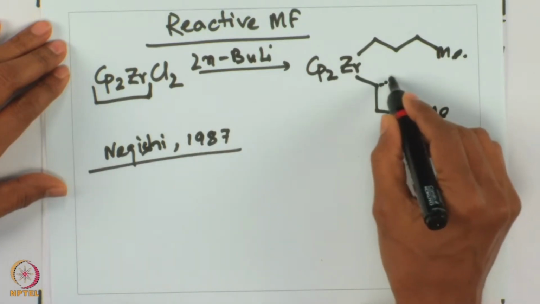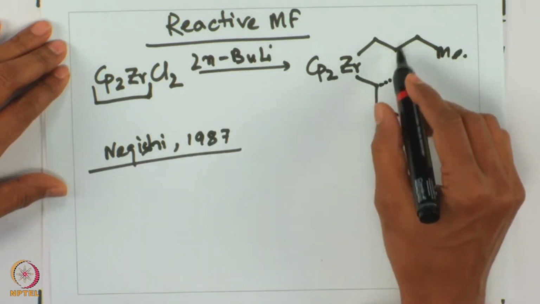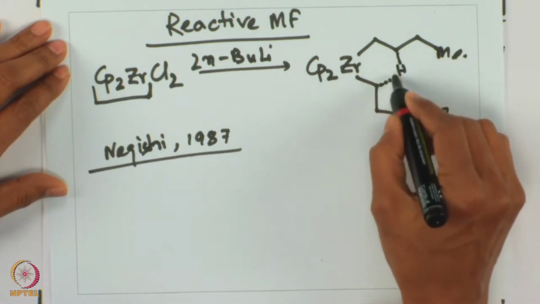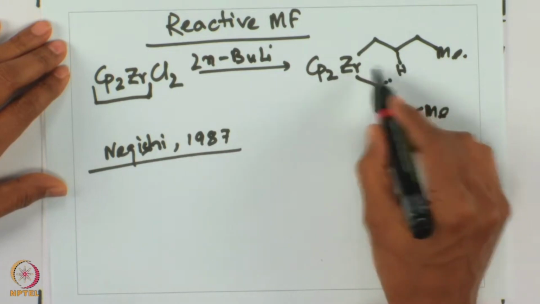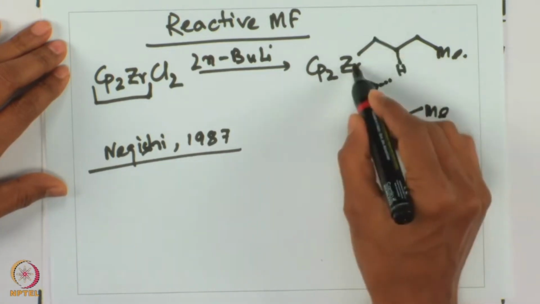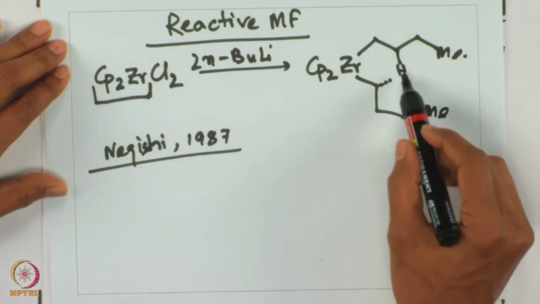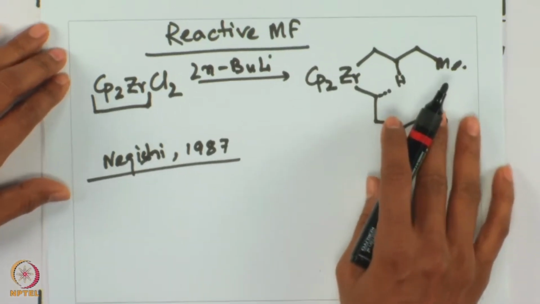From there on, you can have these processes where this hydride is undergoing beta abstraction. This is alpha, beta, zirconium in zirconium 4+. So, therefore, there is no possibility of undergoing a beta hydride elimination from this process.